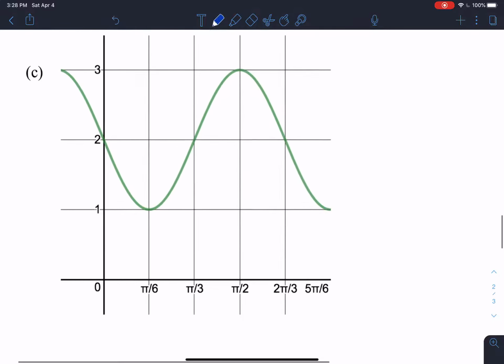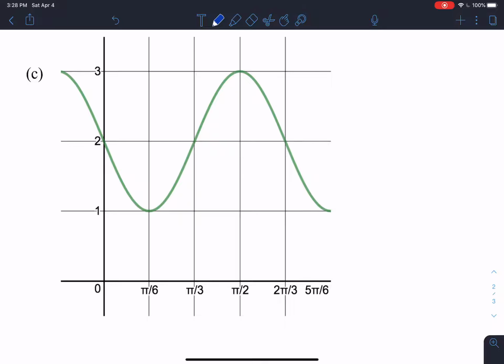Okay, so letter C now. My lowest is 1, my highest is 3, so the middle must be 2. So my axis is at 2. My amplitude has to be 1 because you're going 1 unit higher and 1 unit lower. Now I'm starting here at 0, and I'm ending what looks to be a sine cycle here at 2 pi over 3.